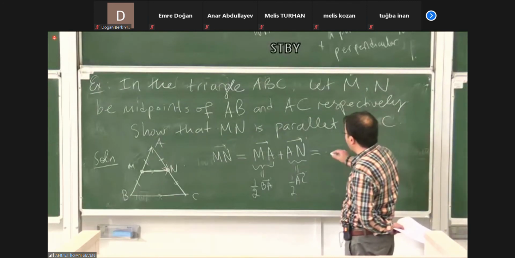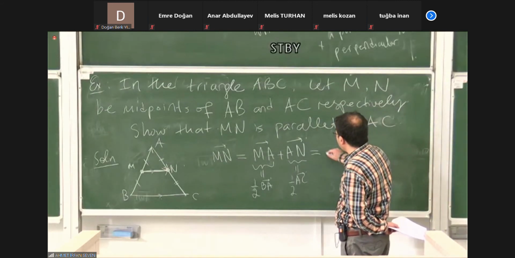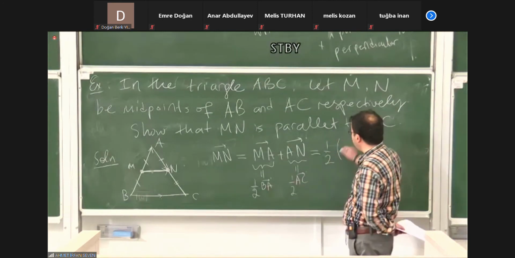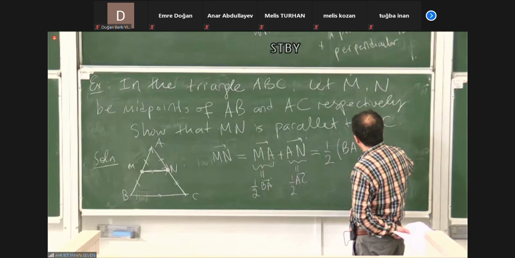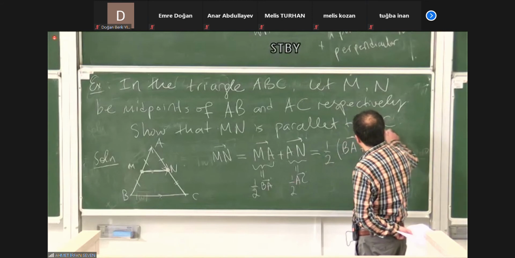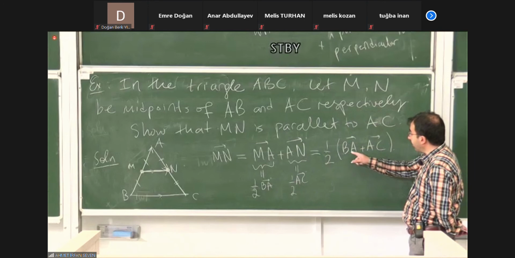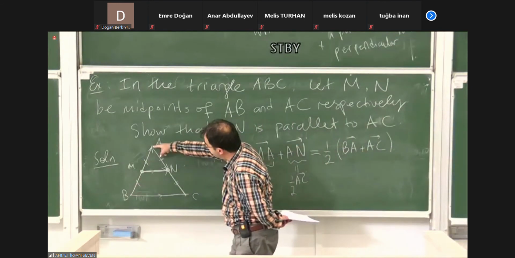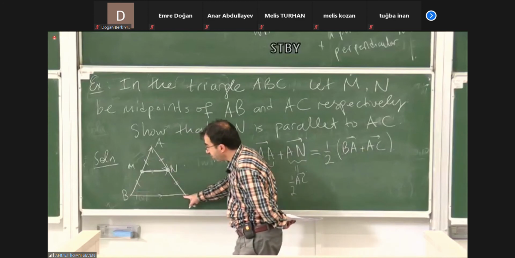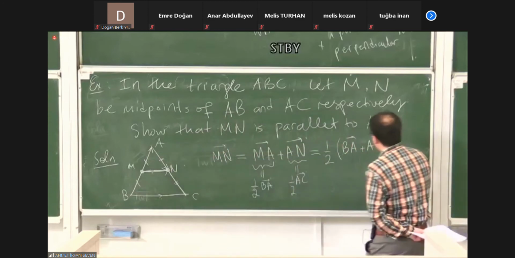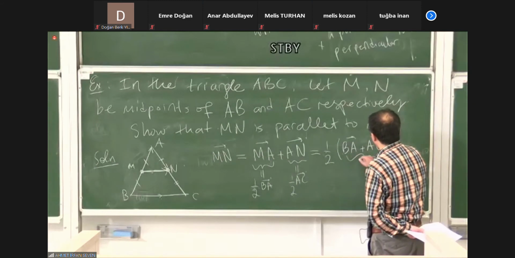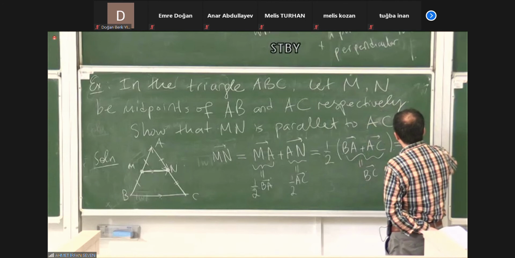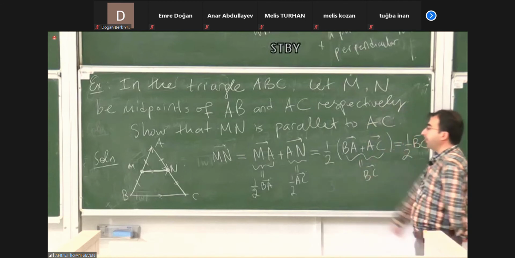Okay, so this will be equal to 1 over 2 times BA plus AC. Now what is BA plus AC? In this picture, we see that it will be equal to the vector BC. So the answer is 1 over 2 BC.